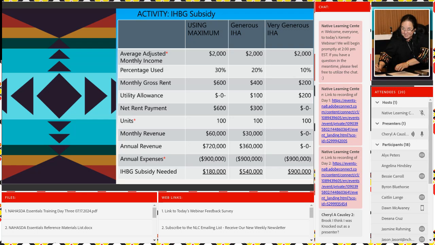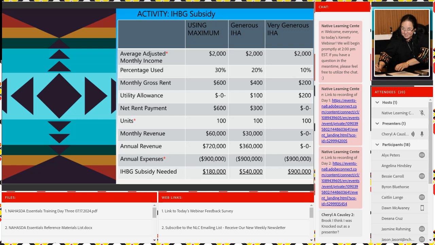Okay, so then you got your generous housing program. And I've seen all the way to the very generous end, okay? They're only going to charge 20%. Drops that monthly gross rent to $400. They're going to give a utility allowance, $100. Doesn't seem like much. Okay.